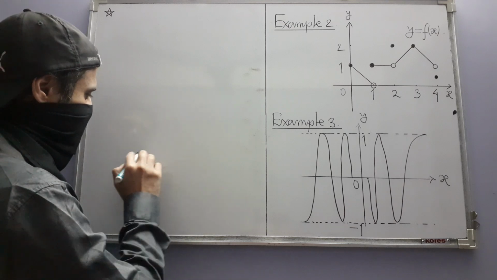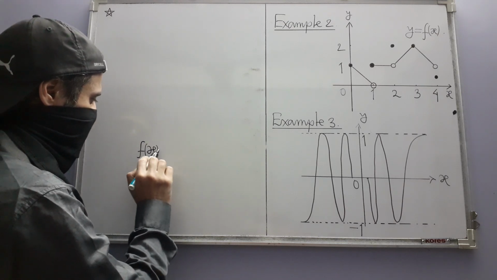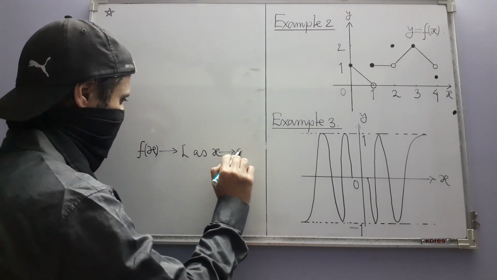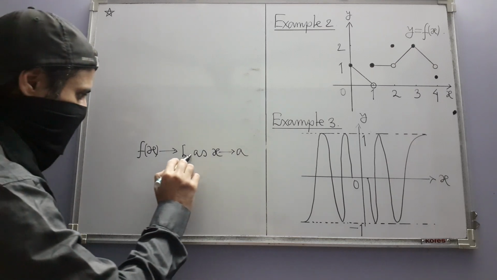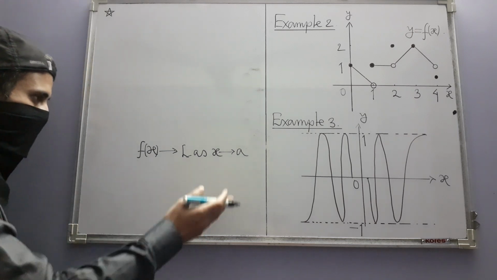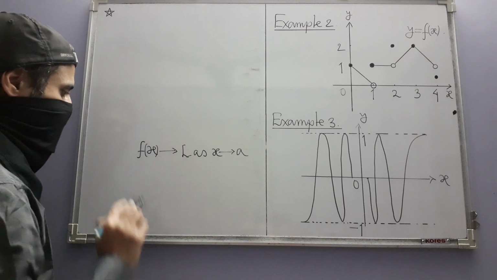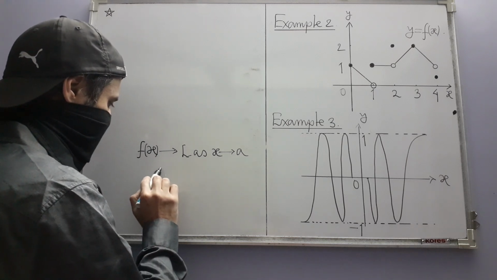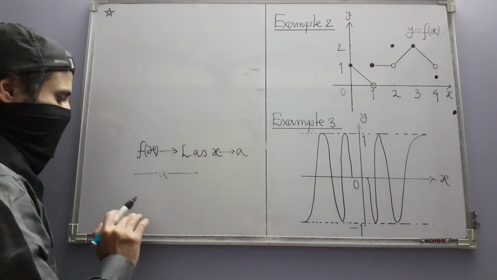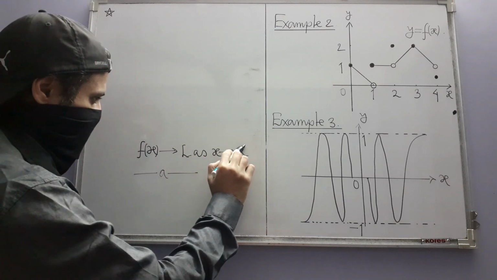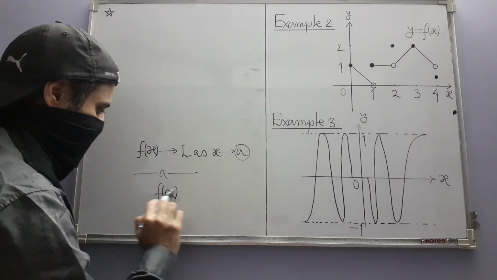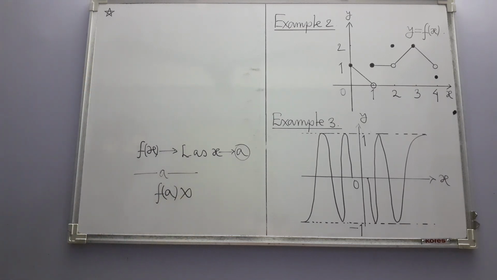So the condition is that f of x must approach L as x approaches a on either side of a, but lying in the background of this condition is the assumption that, see, when we try to calculate the limit of f at a, the function itself may not be defined at a. f of a may not be there.